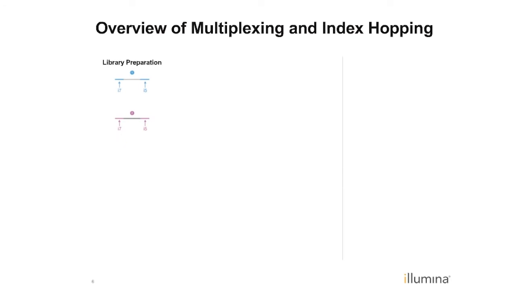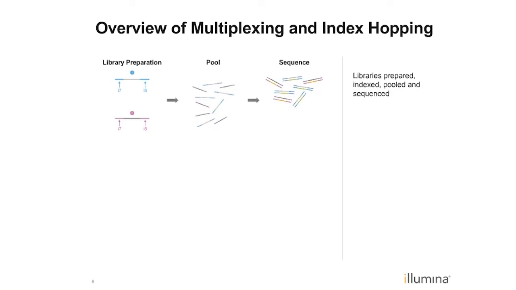So this diagram gives an overview of the multiplexing and index hopping phenomenon. Let's say you're doing a simple library prep and you want to mix these two libraries together, and you've created them such that they have I5 and I7, which is our typical nomenclature for the indexes at the other end of our fragments of our library. You prepare them with a blue set of I5, I7, or a purple set of I5 and I7.